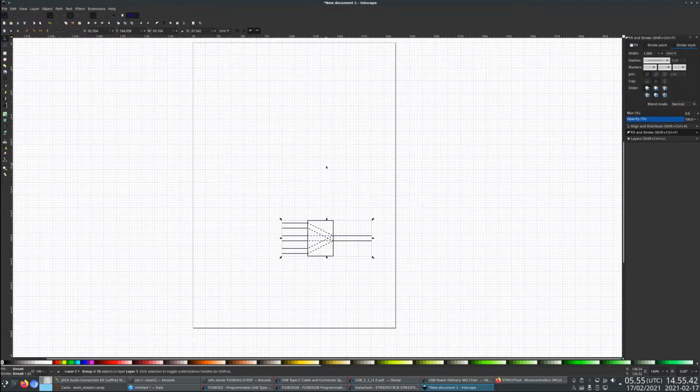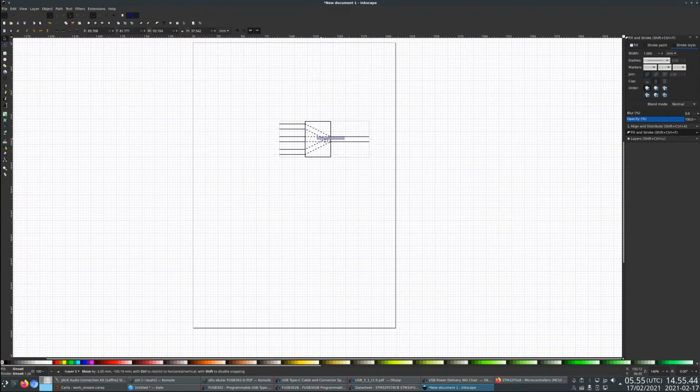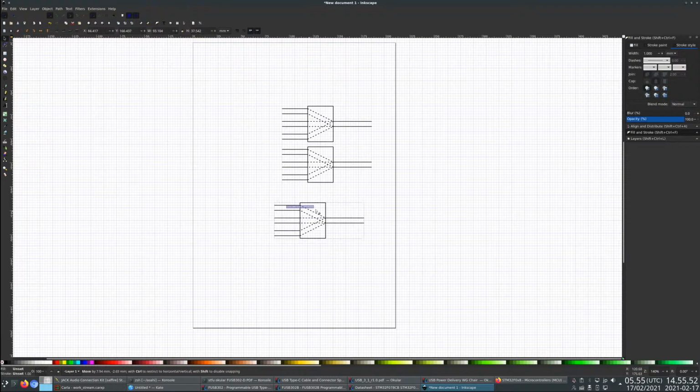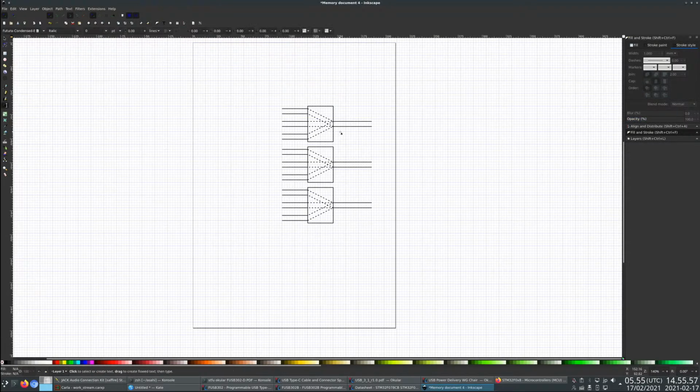So we're going to have one of these things for each of the 3 pin sets that we can have on the connector. One of these is going to be SBU1/2.